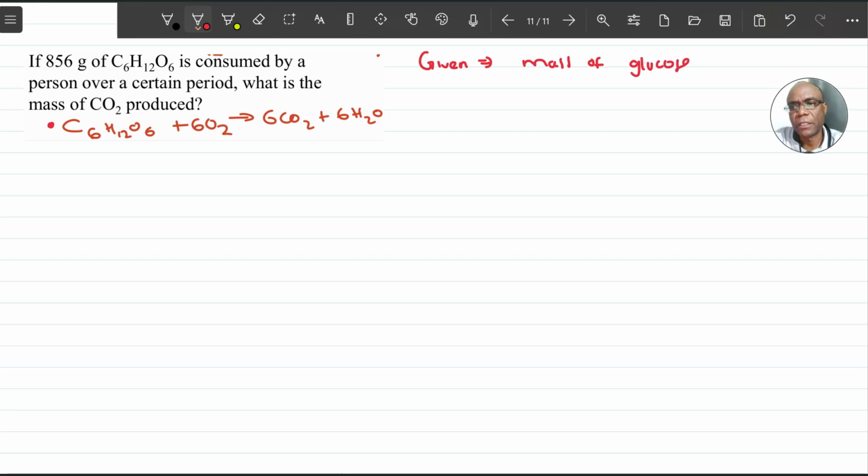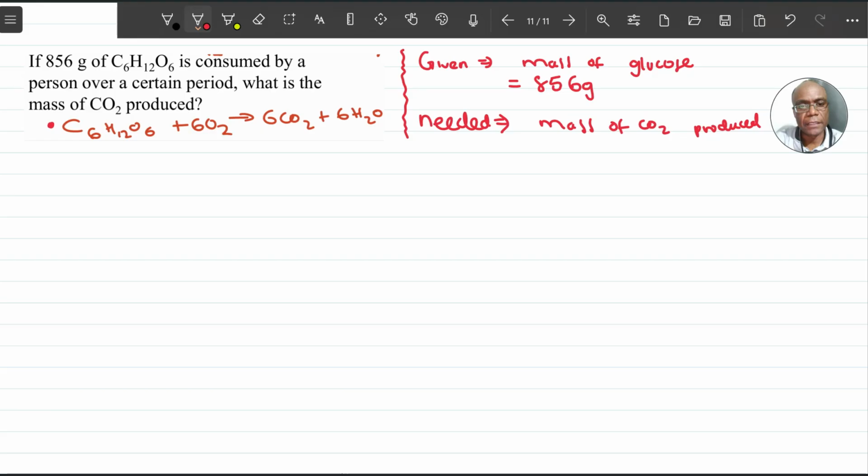I'm not given the molar mass. That I have to find. Mass of glucose is given as 856 grams of what the person ate. Okay, and the big question here, the $1 million question here, I need the mass of CO2 produced from the body system of this person.